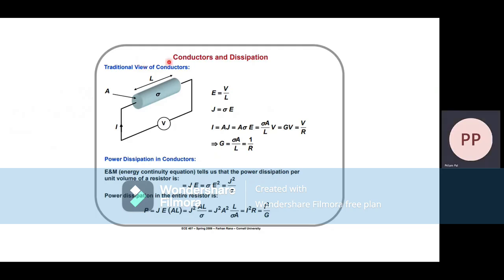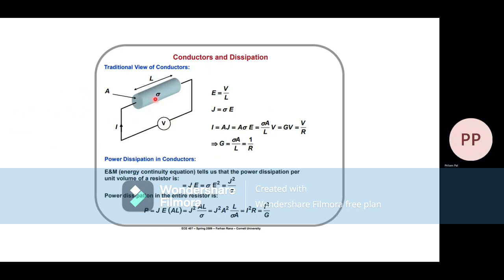So this is a conductor having length L and conductivity sigma, and it has a cross section of A. Now if we connect both ends of the conductor to a battery, because of the driving electromotive force, charge will flow from one end to another.